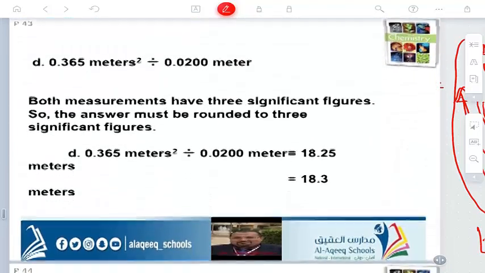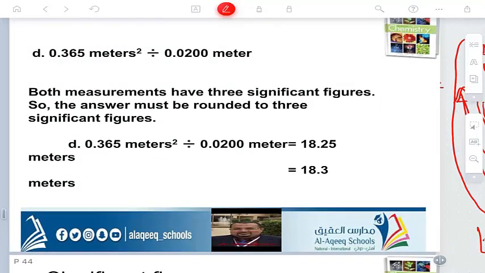The last one, how many significant figures here? 1, 2, 3. Here 1, 2, 3 because we don't count the left hand side. Both have 3, so the answer must be 3 because neither of them is less than the other.